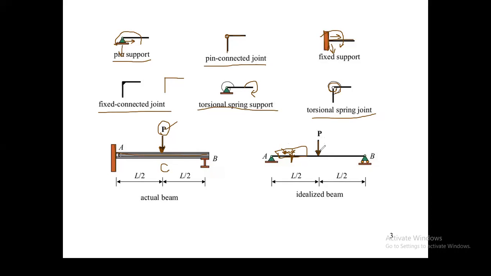So point load. Here you can say a span AB is there, right? AB is a span of the beam, and a point load P is acting at the mid span, right?